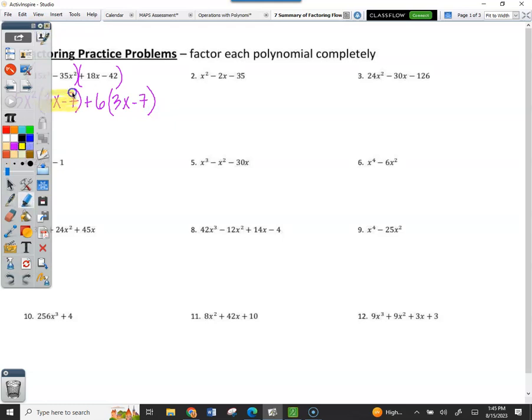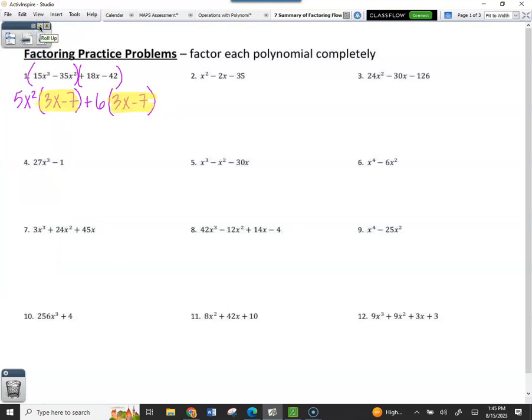Did you notice that those match? They better match. If they don't match, you factored wrong or it doesn't factor at all. Because now the yellow is your GCF. You've got this piece here plus this piece here. What do the two pieces have in common? 3x minus 7.